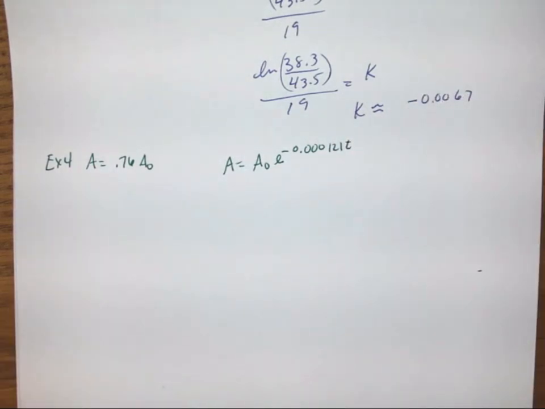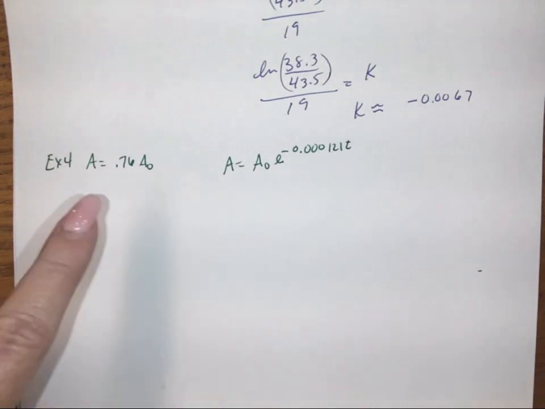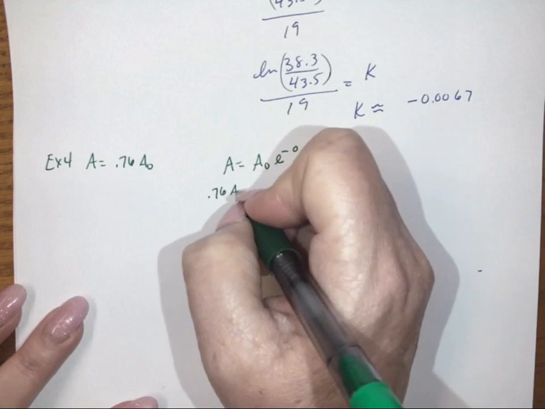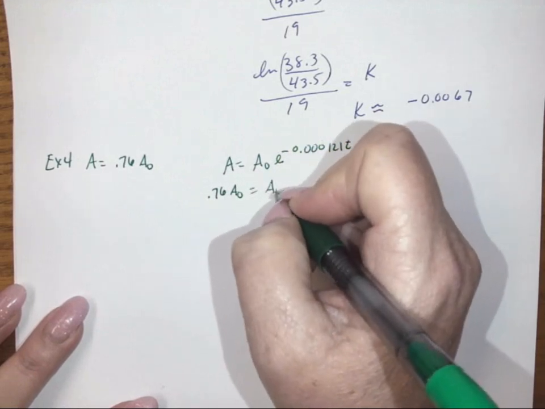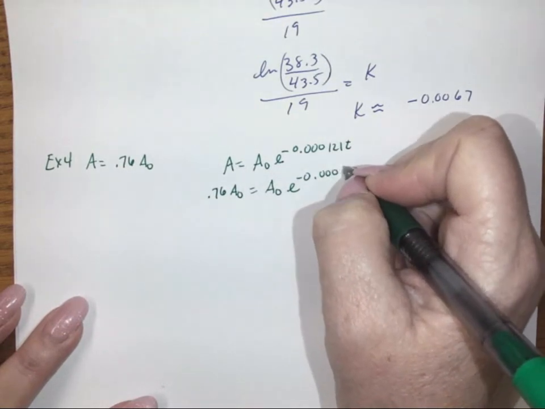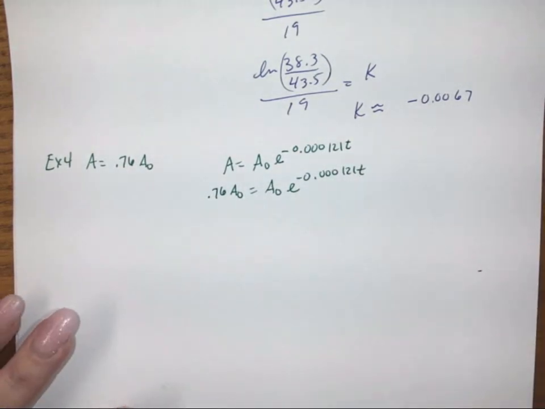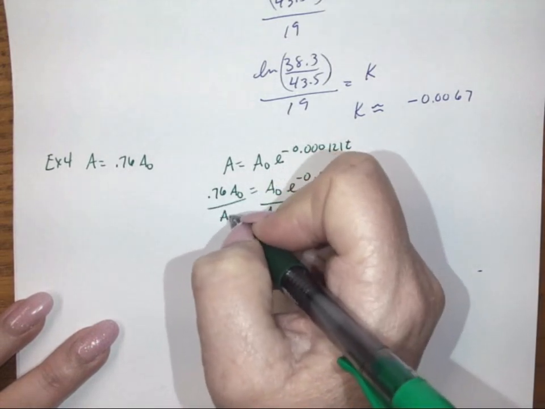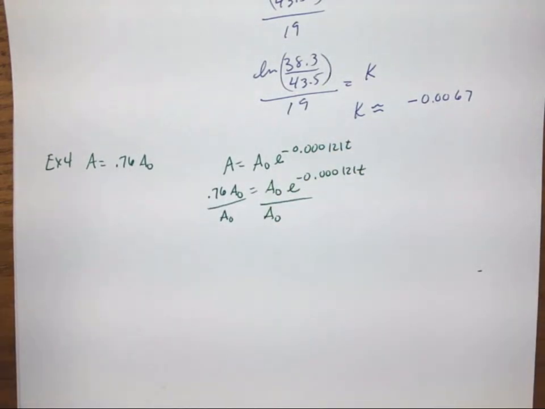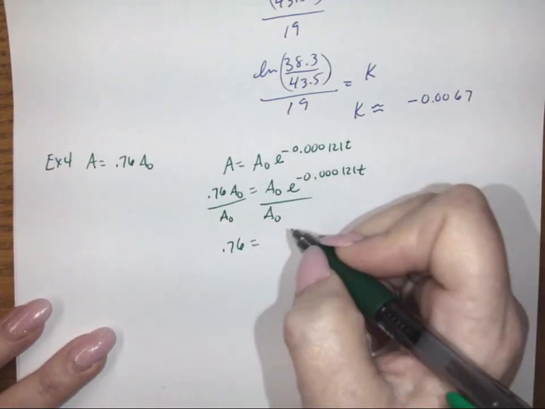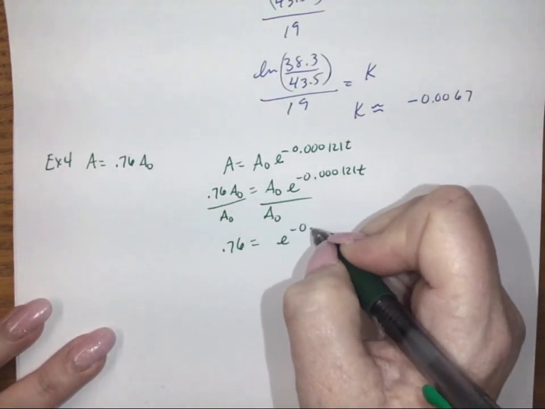So make sure you get enough zeros in there. So our A is actually equal to 0.76 times A sub naught. So 0.76 A sub naught is equal to A sub naught e to the negative 0.000121t. So we can divide both sides by that A sub naught, which is also known as A sub 0. So we end up with 0.76 is equal to e to the negative 0.000121t.